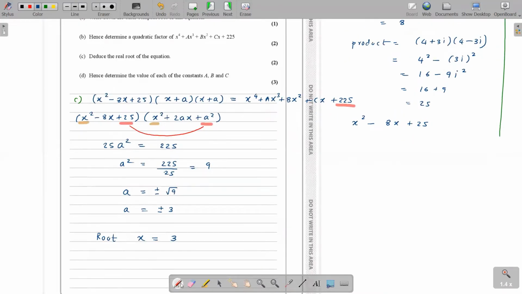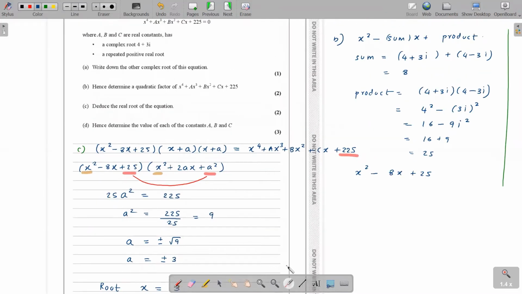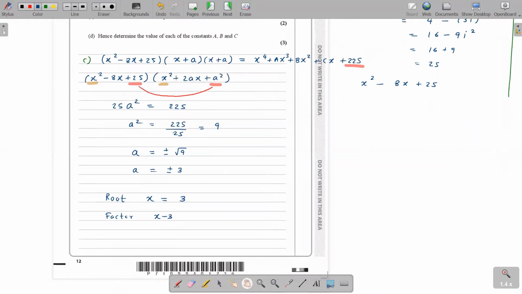The factor should be x minus 3. And this is a repeated positive real root. So the positive real root is x equals 3. Remember, it needs to be a positive root. So if it's positive x equals 3, when you take 3 to the other side, your factor is x minus 3.